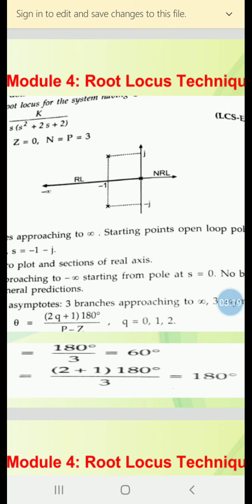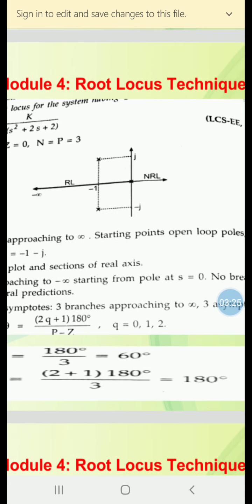So the branch is starting from s equal to 0 and terminating at minus infinity. No breakaway point exists according to the general prediction, because the left part of the real axis is RL, but there are no adjacent poles having a section of RL. Due to that, no breakaway point exists.